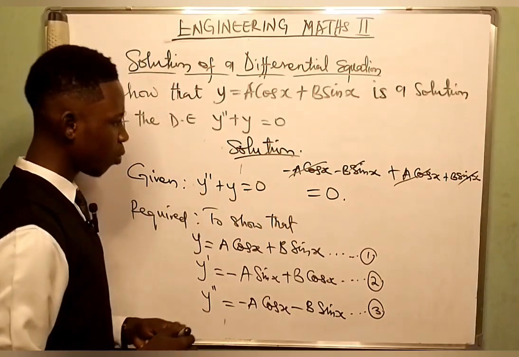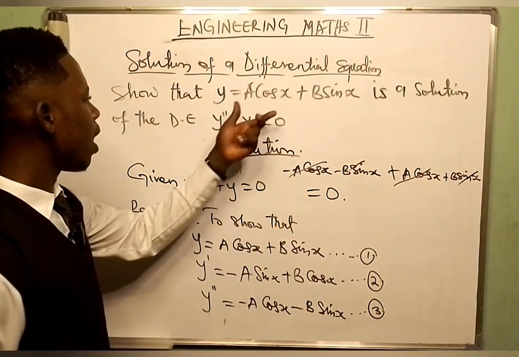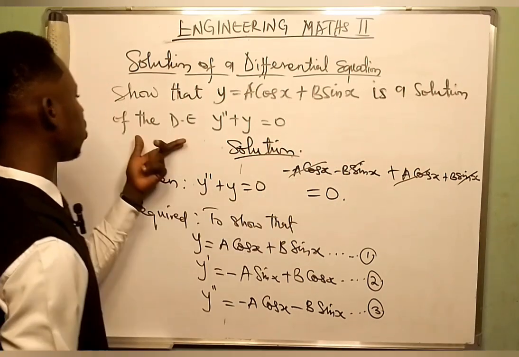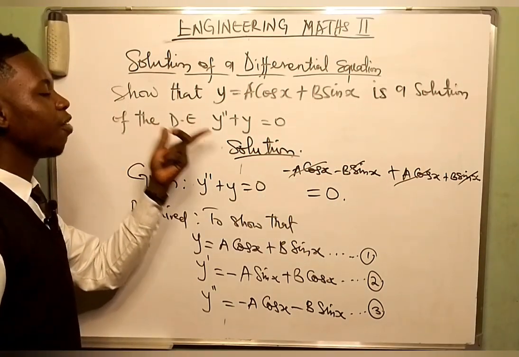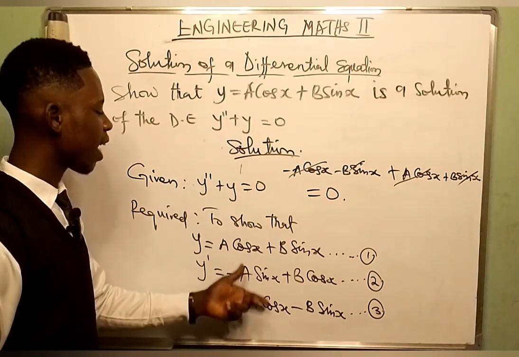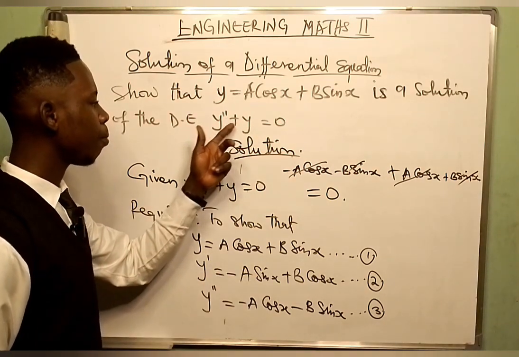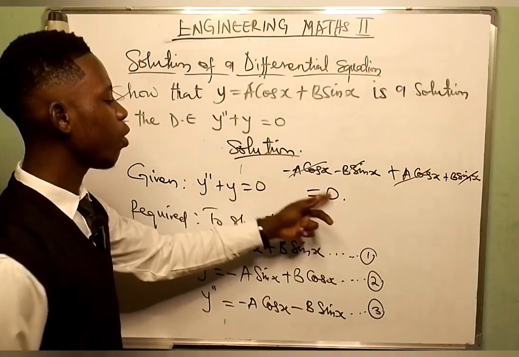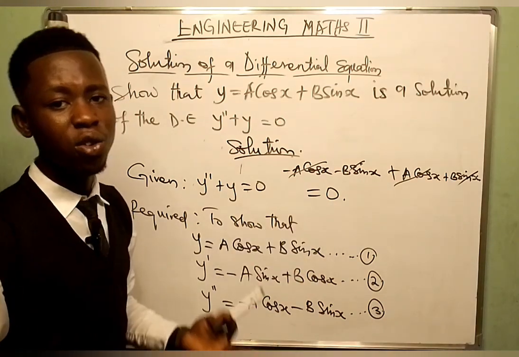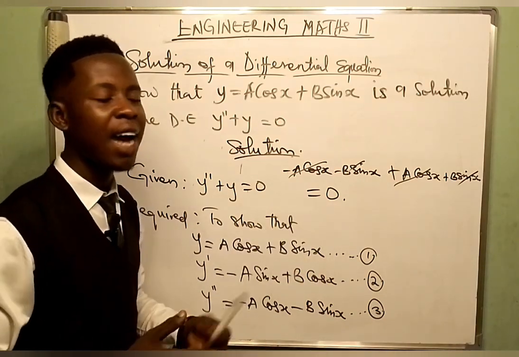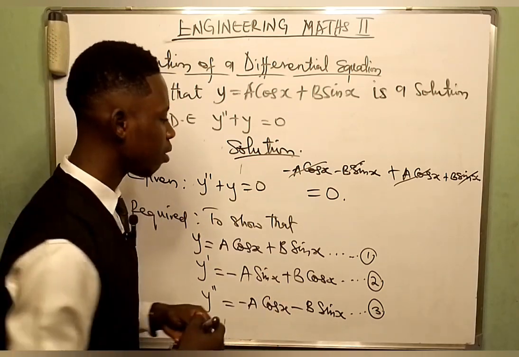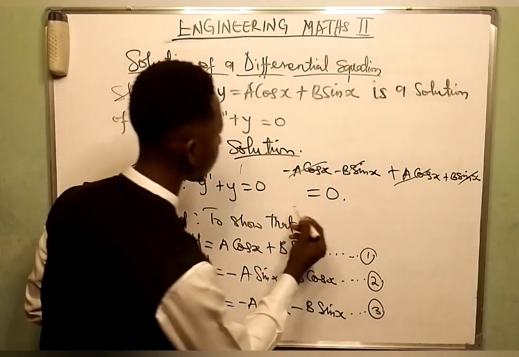This shows that a cos x plus b sin x is a solution of the differential equation y prime prime plus y, because at the end we added y prime prime plus y and we got 0. And therefore this is a general solution. Don't forget, it has an arbitrary constant.